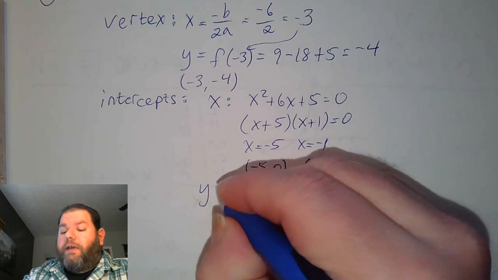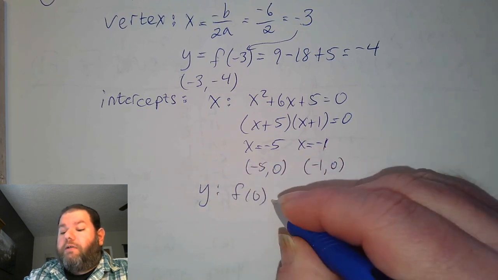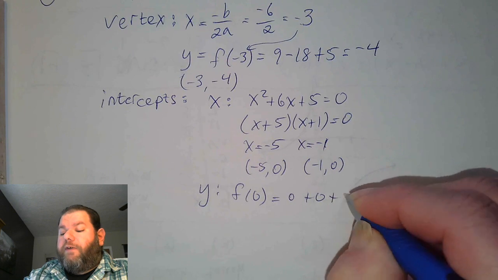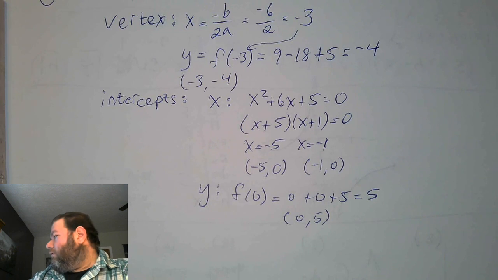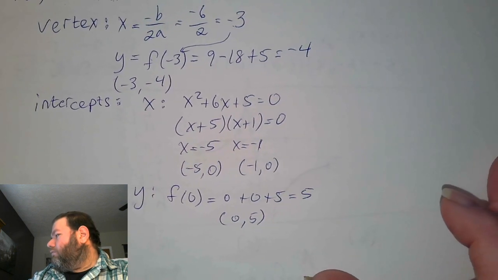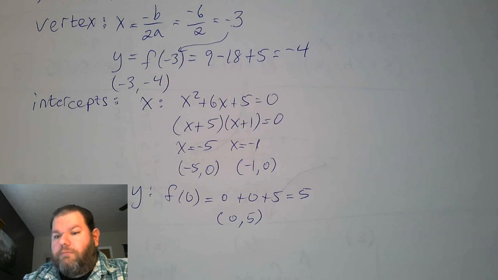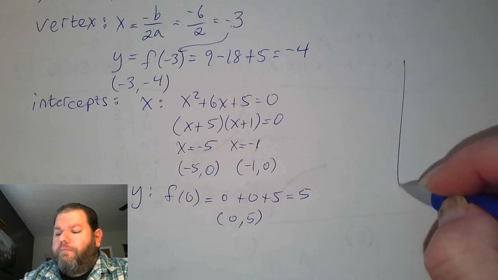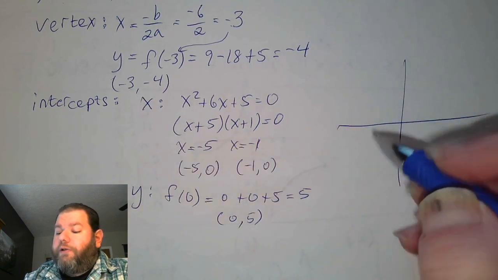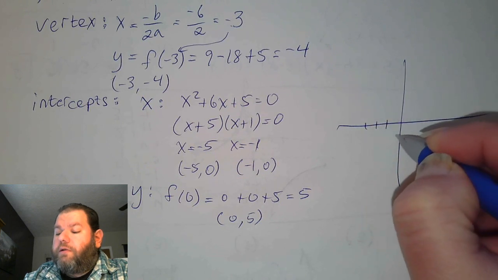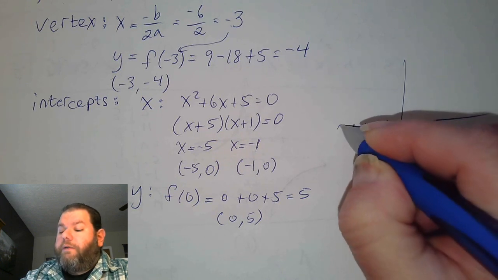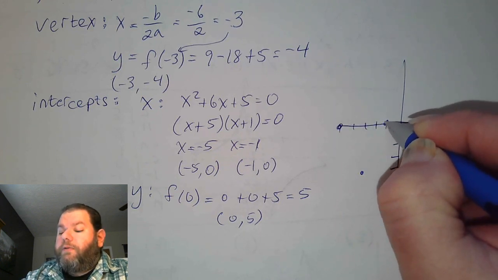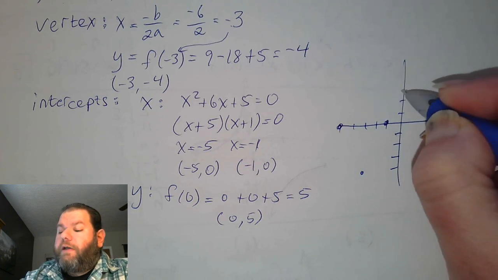Alright, and then our y-intercept, we just plug in f of 0, which is 0 plus 0 plus 5, so 0 comma 5. Now, plotting our points here, negative 3 comma negative 4. Negative 5 comma 0, negative 1 comma 0, and 0 comma 5.